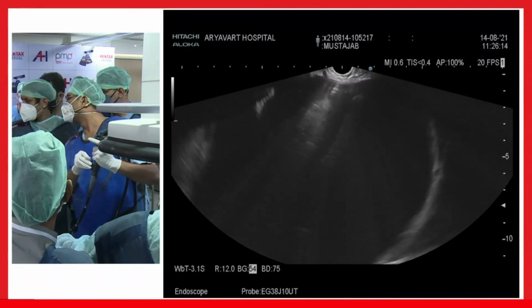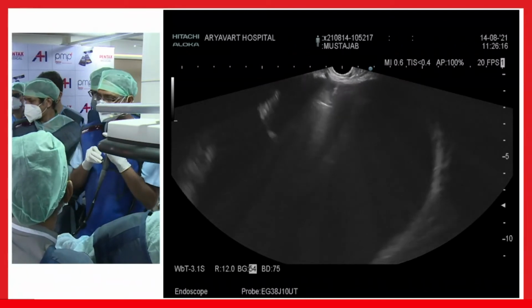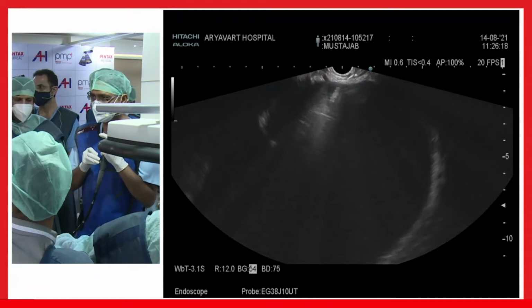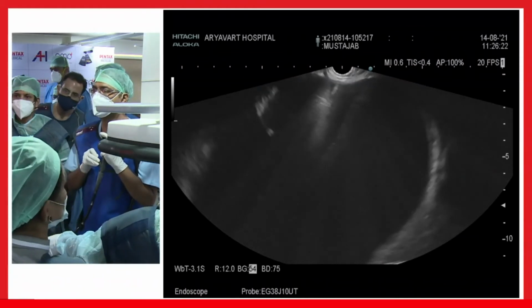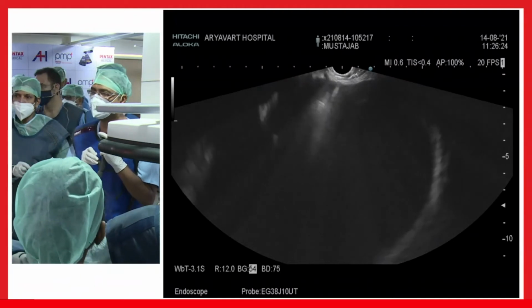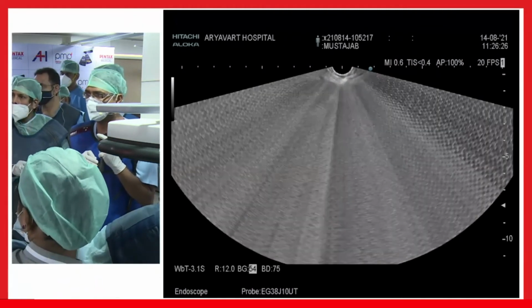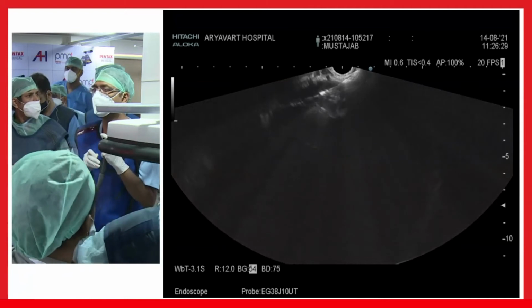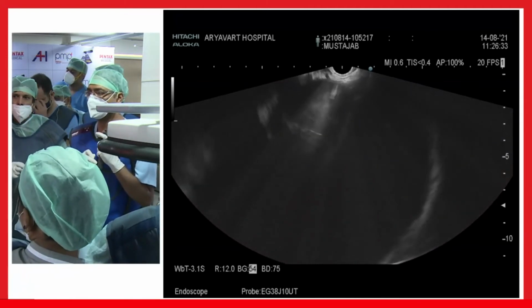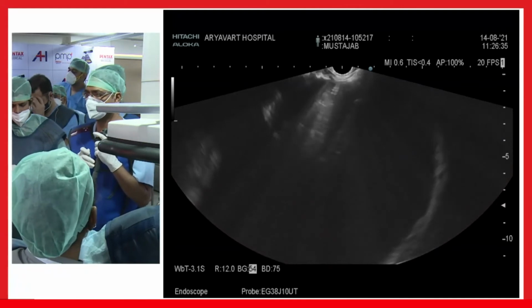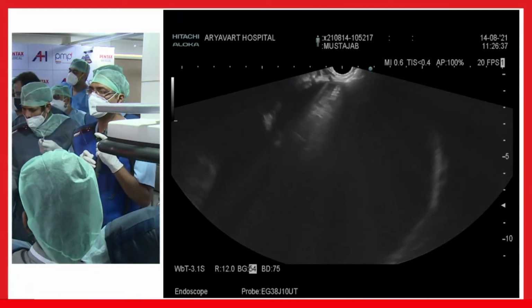Okay, and with that, I have taken out, you can see there is a movement of the cystotome, and then you can go with the Indocut. I'm inside now. You can see the movement of the cystotome. Now you can take out the endo.